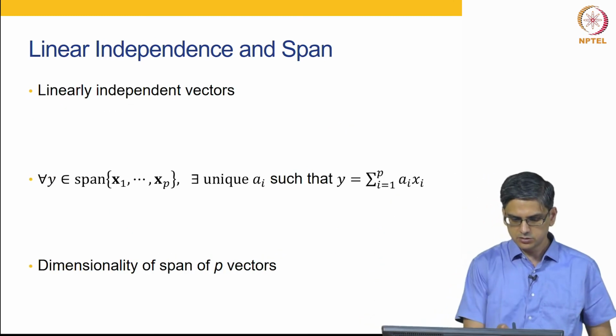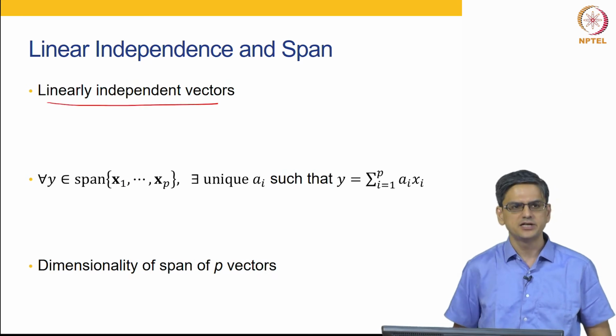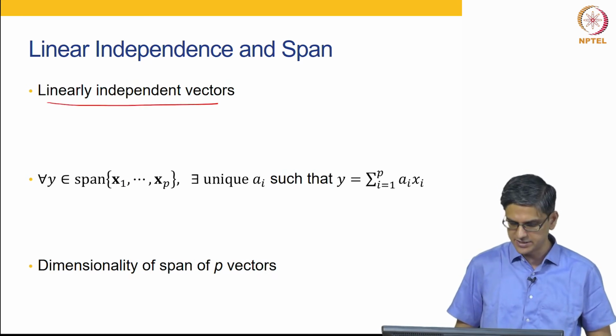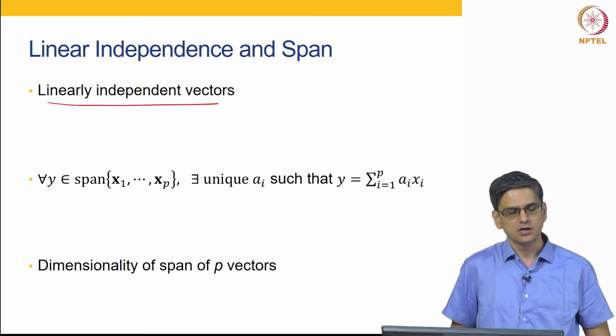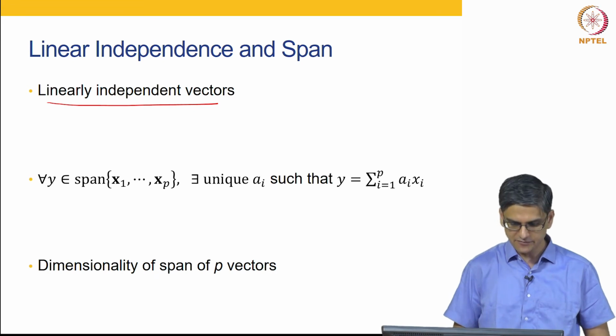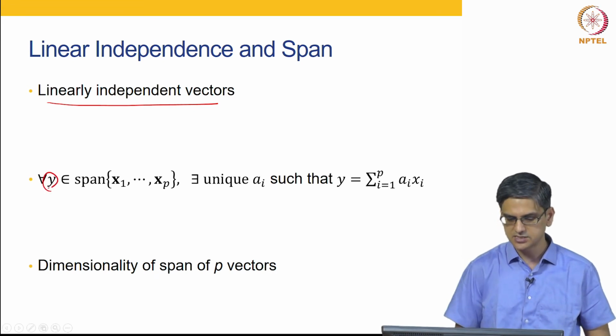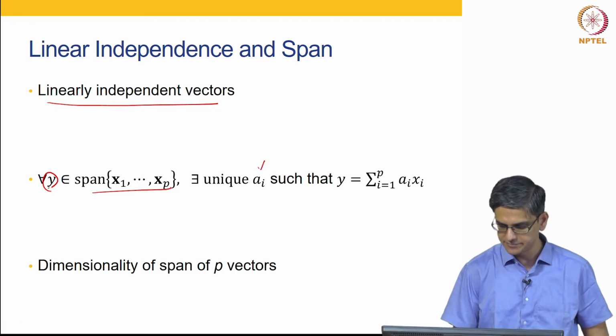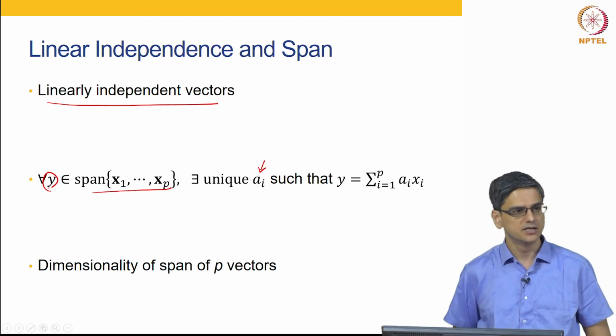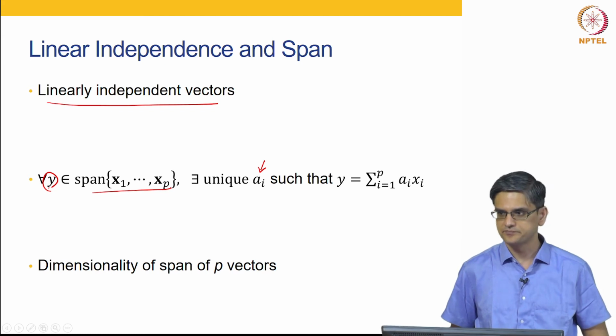With linearly independent vectors, we have already defined them. If x1 to xp are linearly independent, then any vector y that is in their span can be represented uniquely as the linear combination.